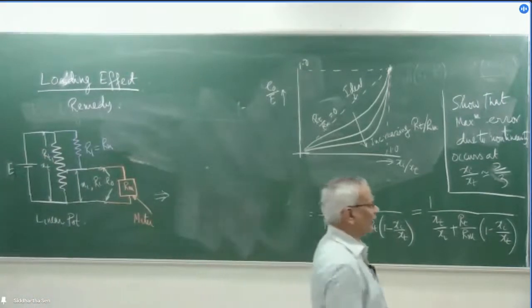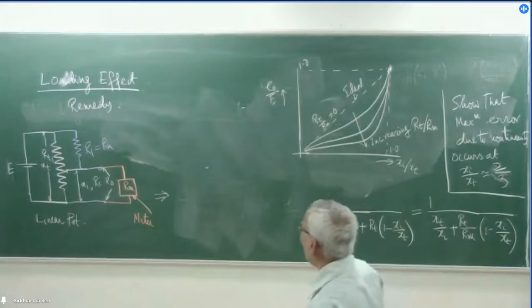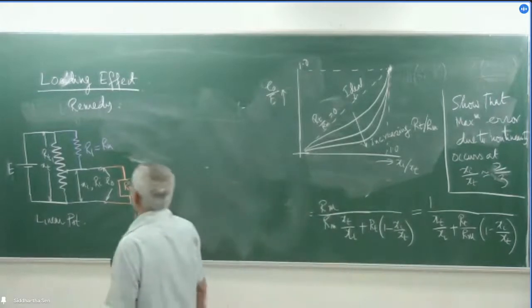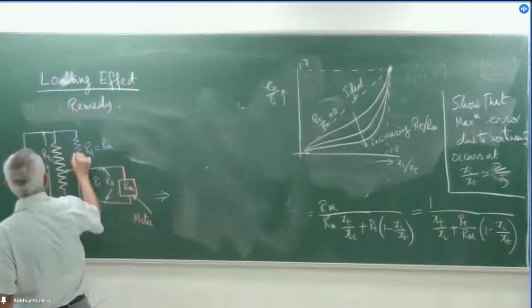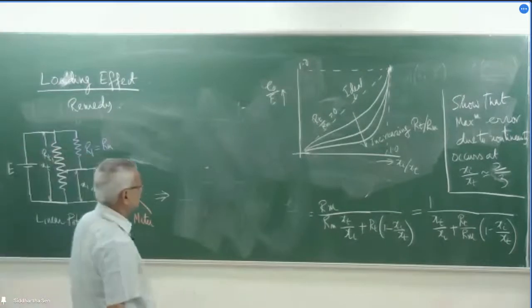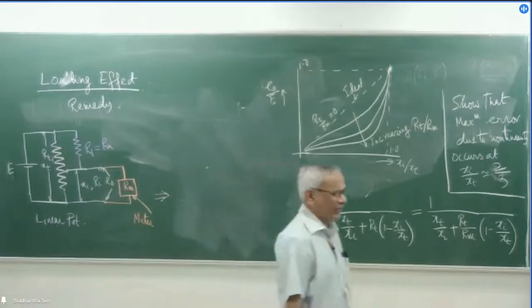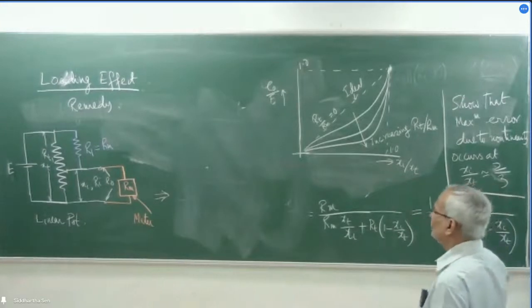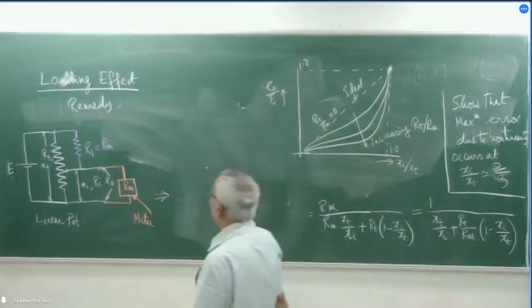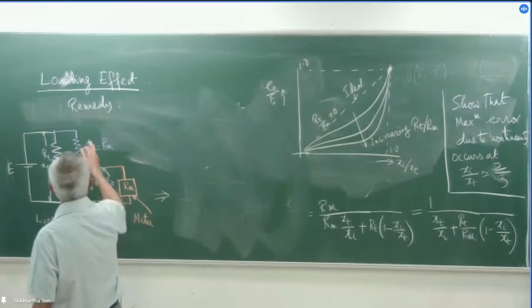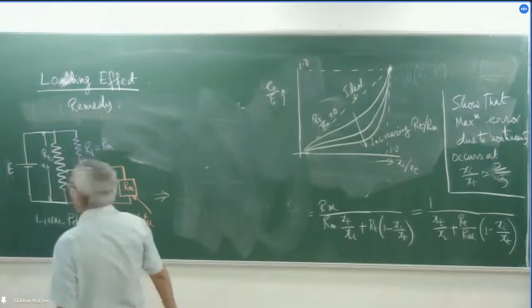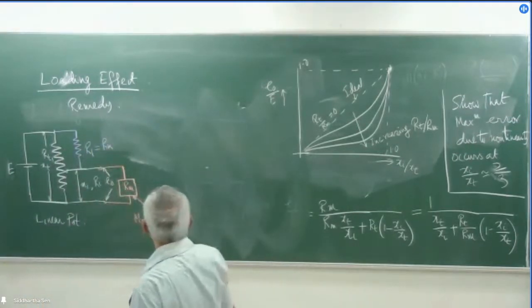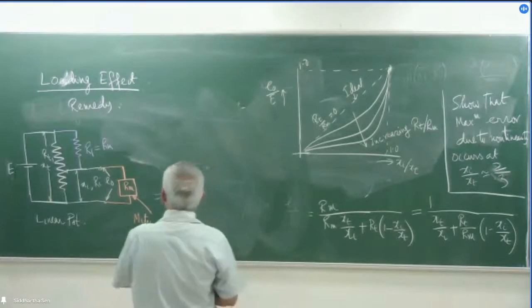Okay, let it be there, but I have added an extra resistance across these 2 points, and let this resistance value be Rm.